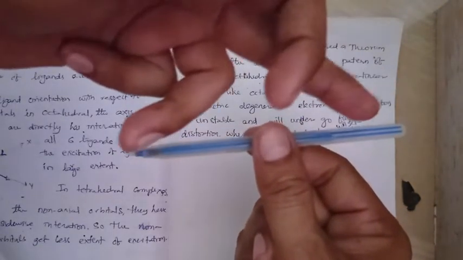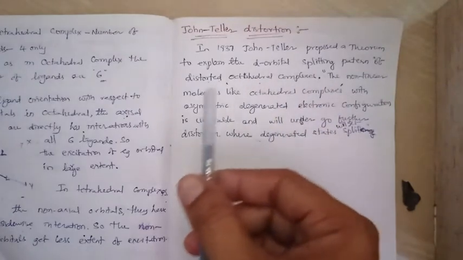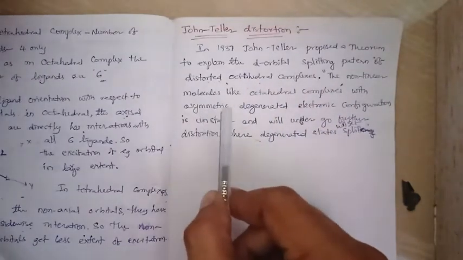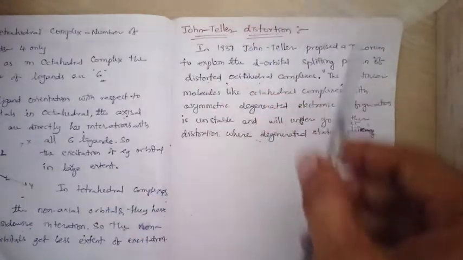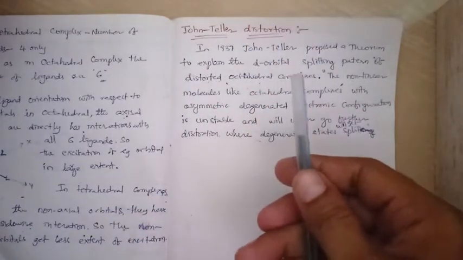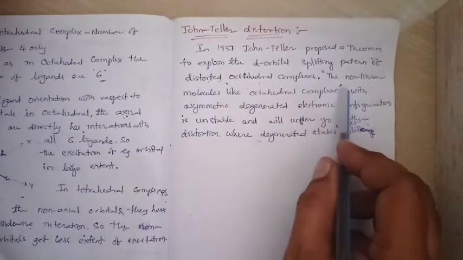When a line does not define the structure, it is called nonlinear, such as octahedral. Octahedral cannot be defined with one single line. It has a three-dimensional shape. Such three-dimensional shapes are called nonlinear structures.